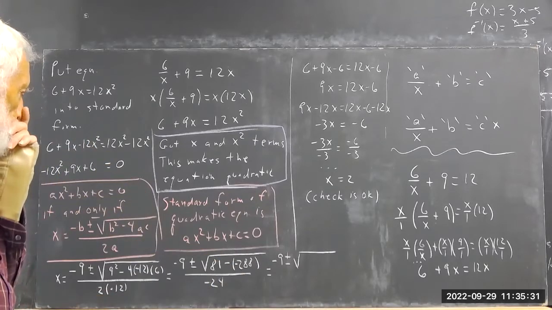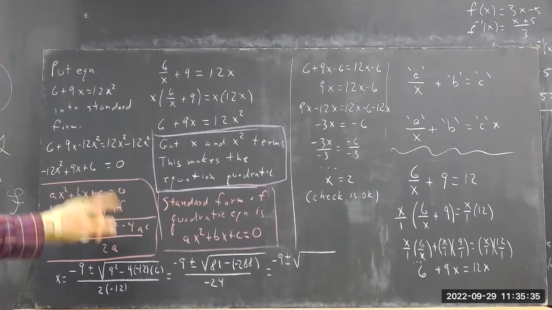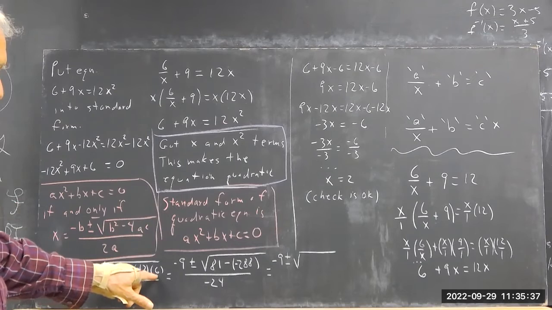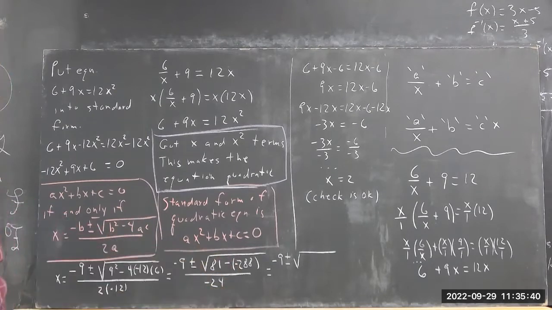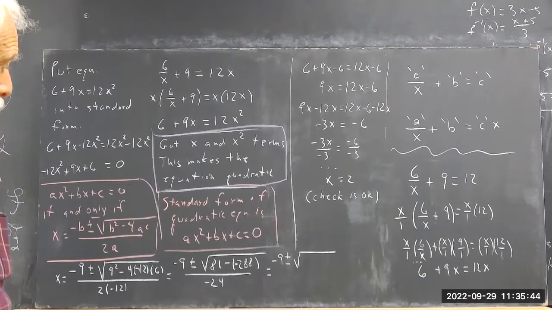So I'm still getting 288. Did I get the right numbers here? There's A, and there's C. I don't know. I think I'm going to stick with what I got, with all due respect.